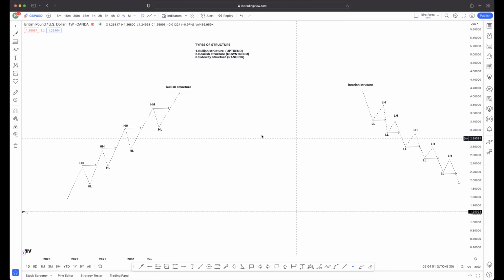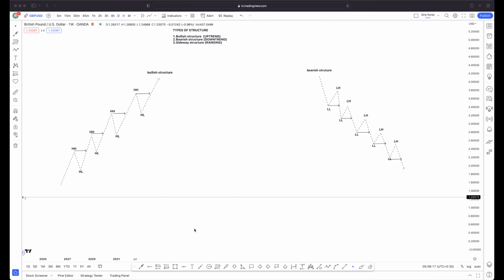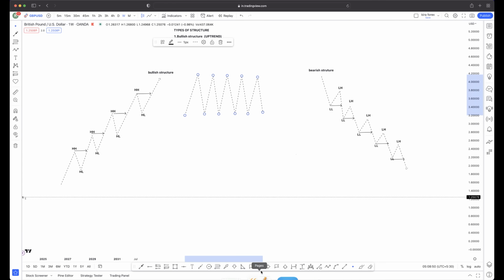So the third point under the types of structure is sideways structure, ranging, or consolidation. In this type of structure, we have a series of equal highs and equal lows. In a consolidation or ranging structure, the market does not have any particular movement or trend.